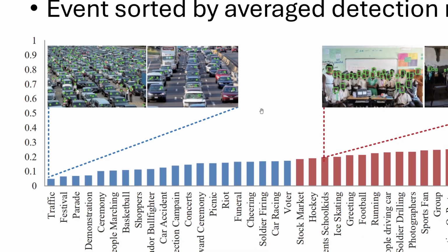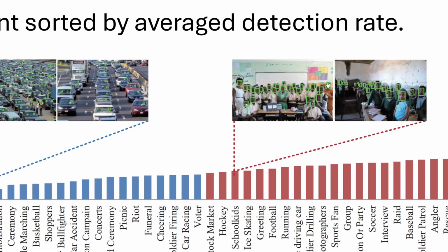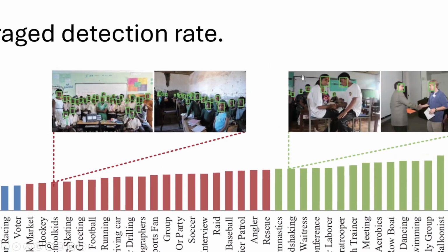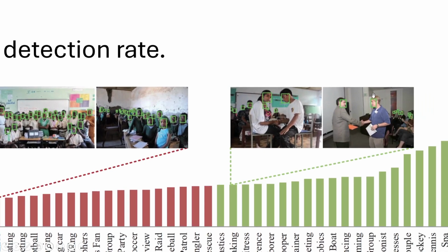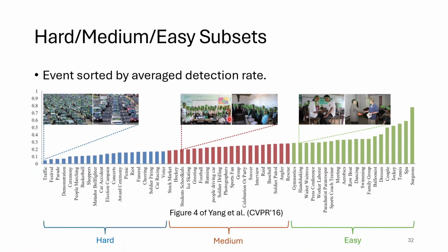This one is slightly easier because the faces are relatively larger, and here the faces are even larger and clear, so it will be easier to detect. So they categorized all their faces into 3 subsets: the hard subset, the medium subset, and the easy subset, so that they can use the 3 different sets to test which existing algorithm works best on which subset, or which is the best overall.